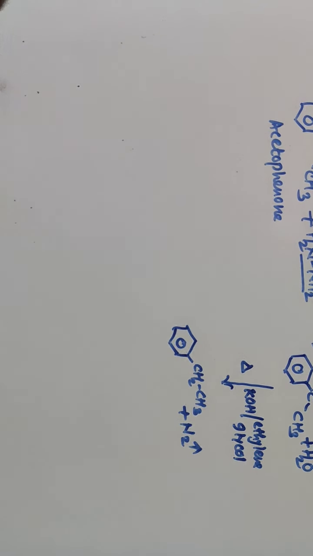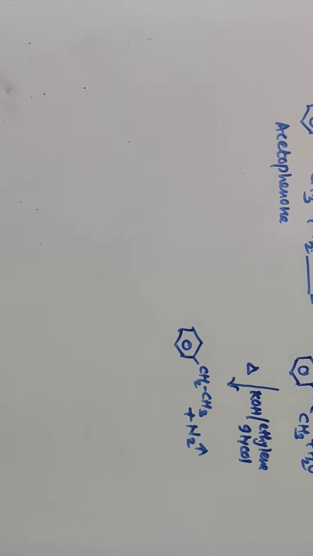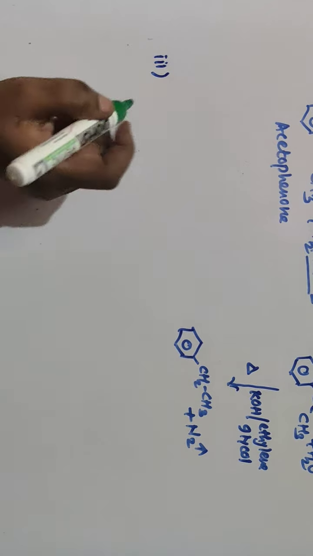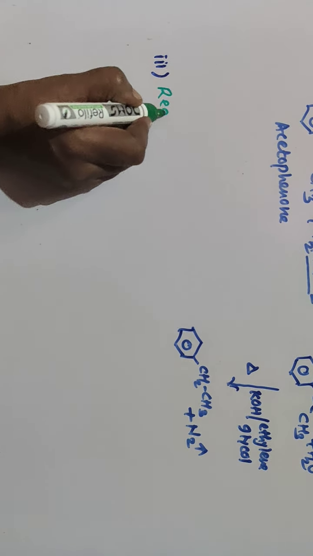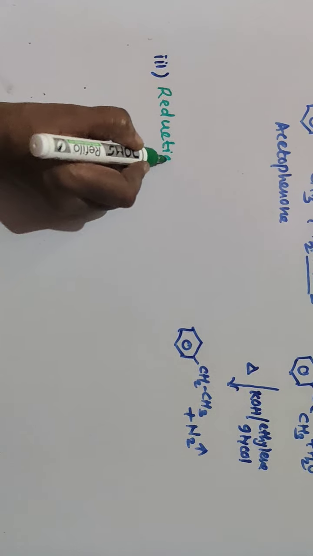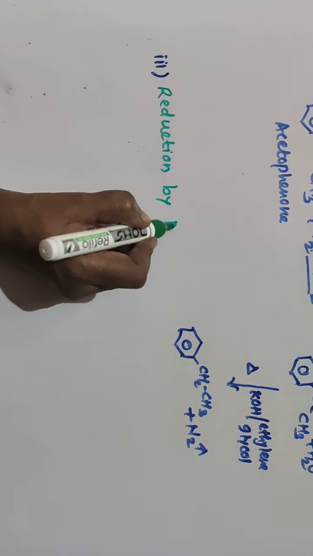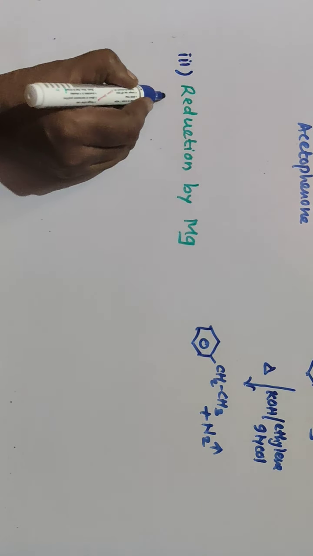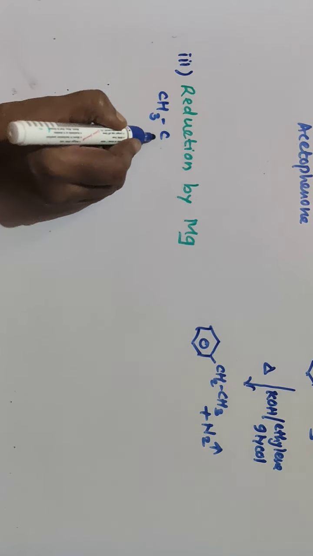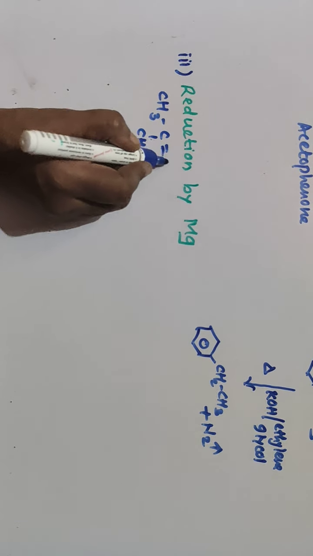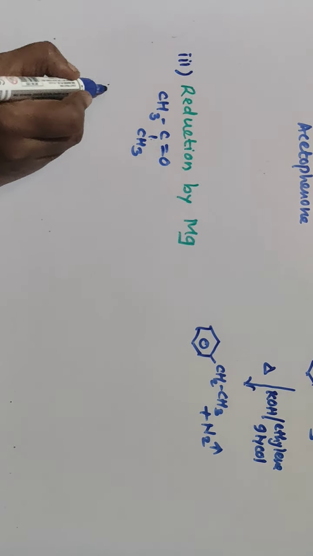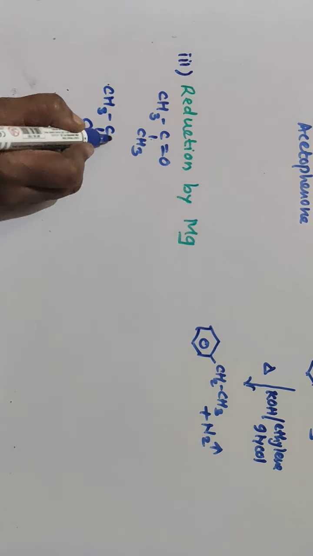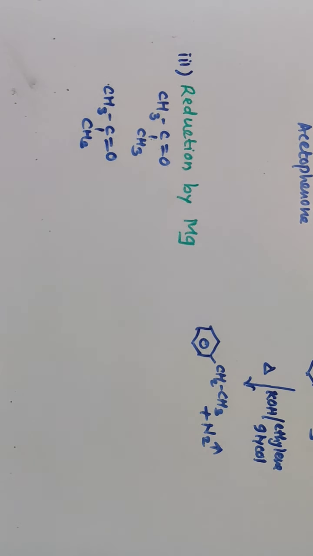We'll take one more reduction reaction, and that is the third one. And what is this reaction? Reduction by magnesium, Mg. We'll take here acetone, CH3, CH3 double bond O, acetone. So when two molecules of acetone are treated with magnesium, for your convenience I'll write both the molecules separately.